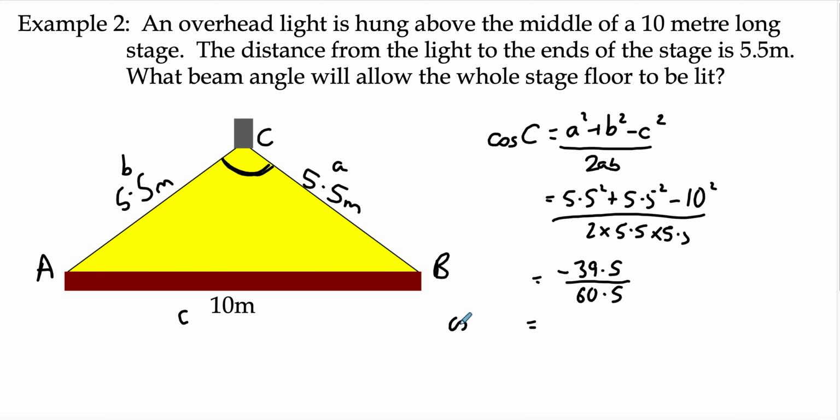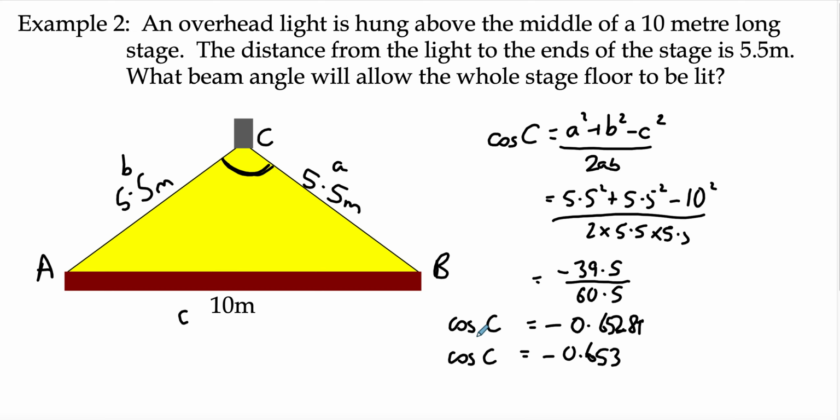As far as your calculator goes, we've got negative 39.5 divided by 60.5, which is negative 0.65289 and so on. I'm going to use 0.653, so cos C equals negative 0.653.